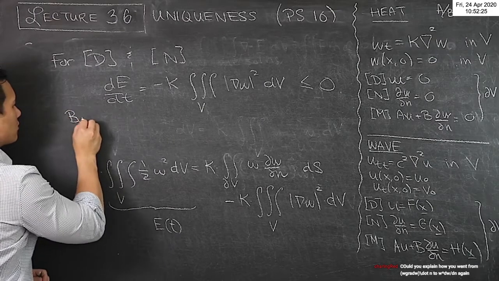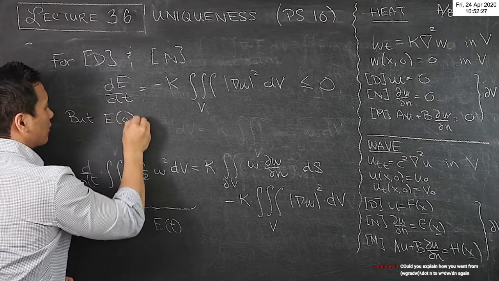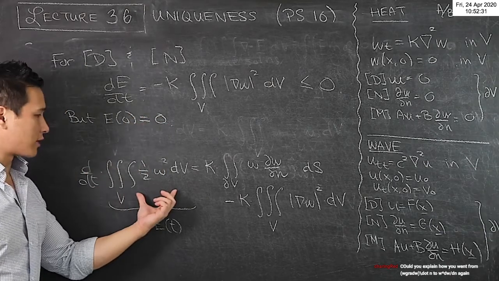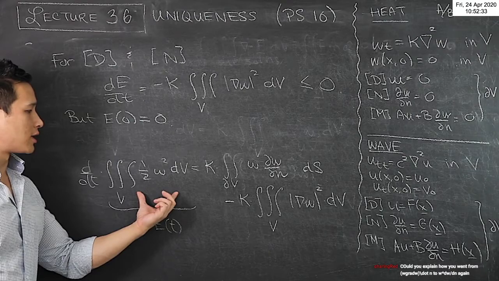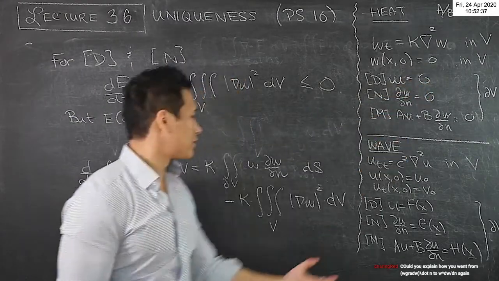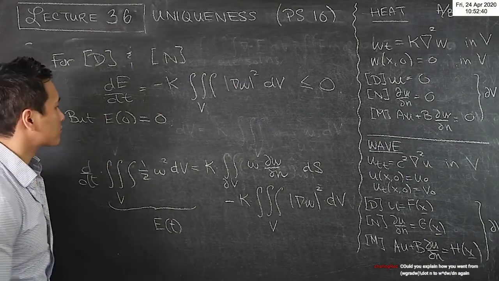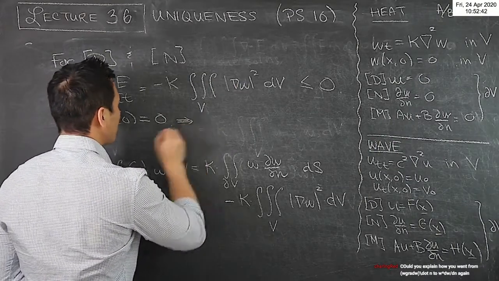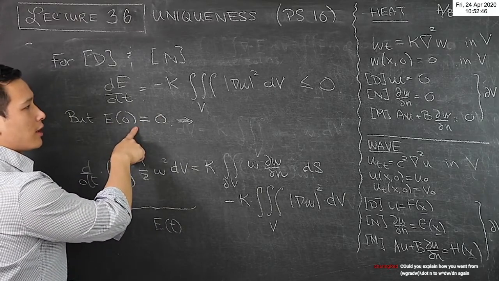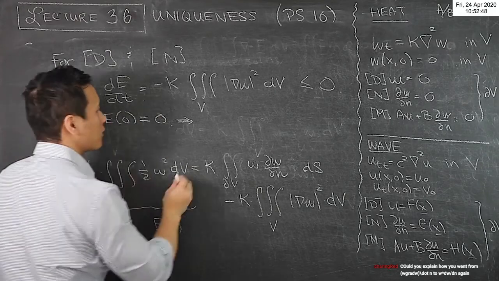So I've concluded that the rate of change of energy is always less than or equal to 0, but I know that E of 0 has to basically be 0. Because E, which is defined as this quantity, at 0 is the initial condition for w, which has been set to 0. So E of 0 is 0. So this essentially tells me that the energy starts off at 0 and it has to decrease, right?